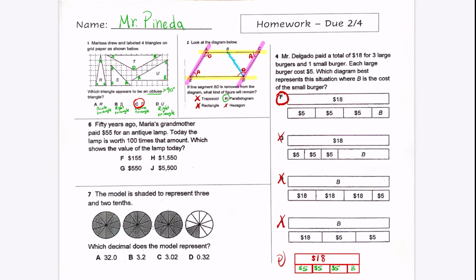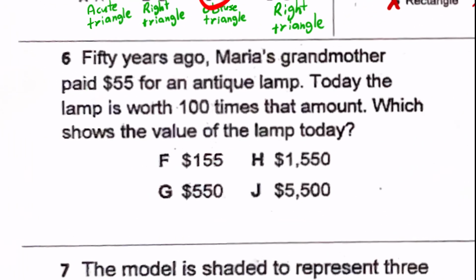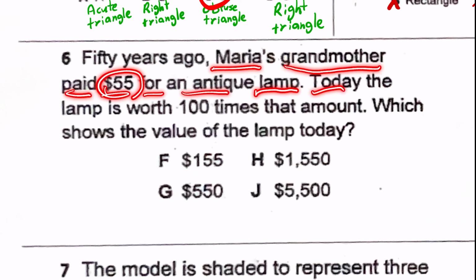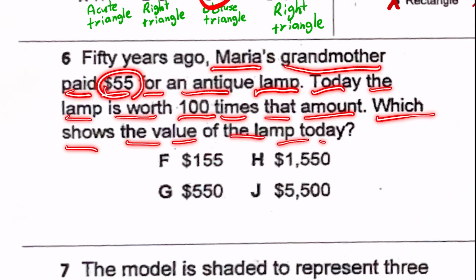Now let's go ahead and jump to number 6. This one says, 50 years ago, Maria's grandmother paid $55 for an antique lamp. Today, the lamp is worth 100 times that amount, which shows the value of the lamp today.